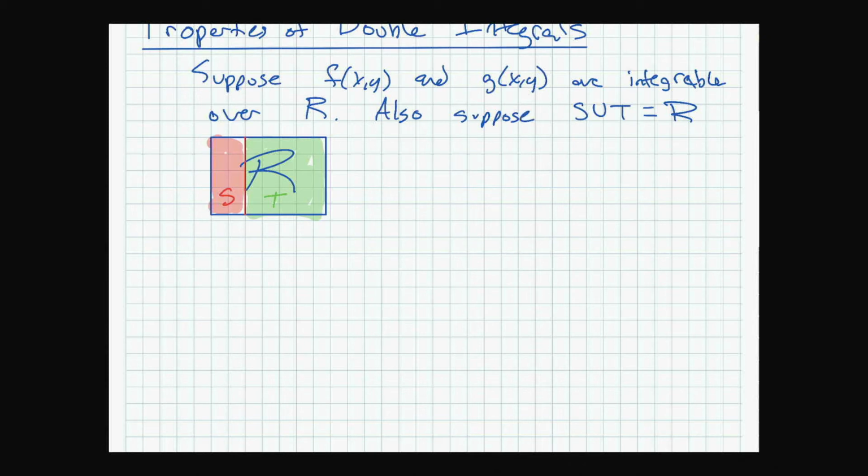Okay, that's what we got. Oh, and we need little m and big M to be real numbers. You know how it goes whenever we're listing a bunch of properties.